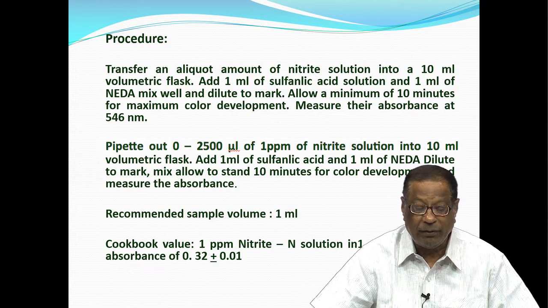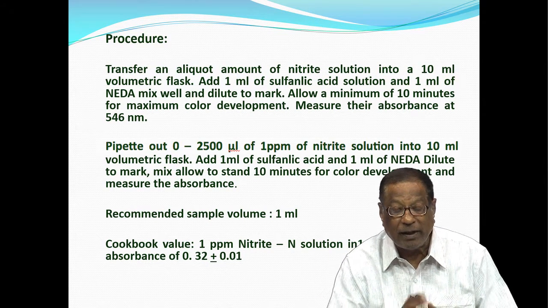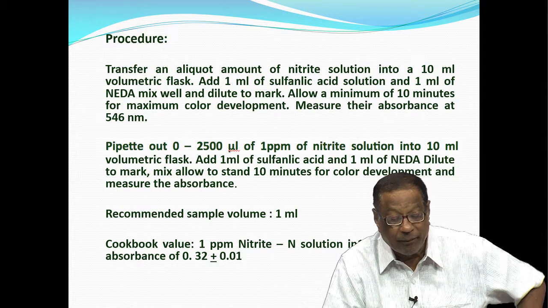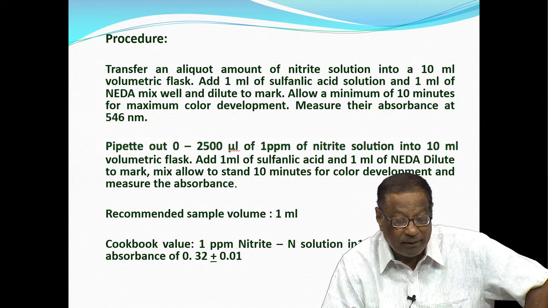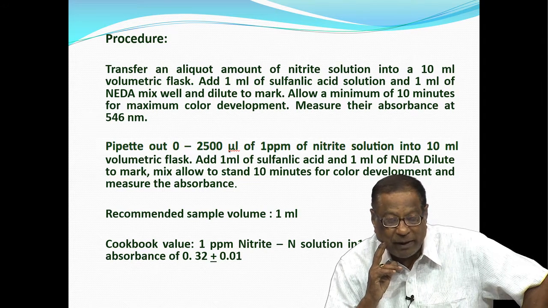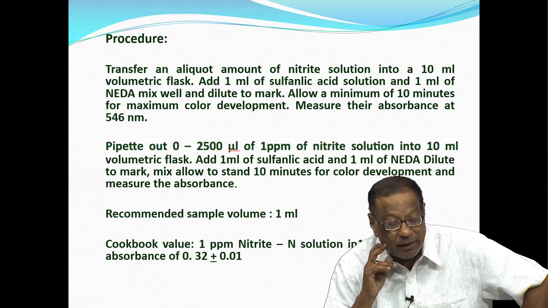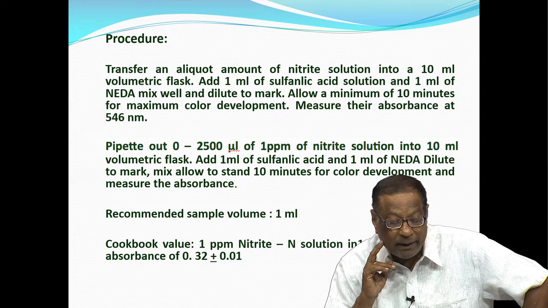So, what we do is we go about doing the normal reaction, transferring the required amount into a 10 ml volumetric flask, and you have to prepare standards from 0 to 2500 microliter, that is approximately 2500 micrograms of nitrite solution.